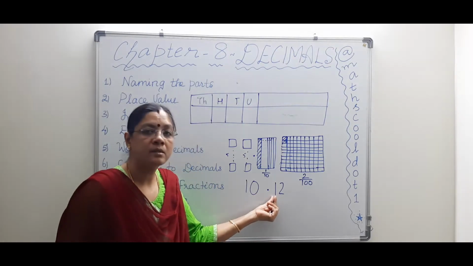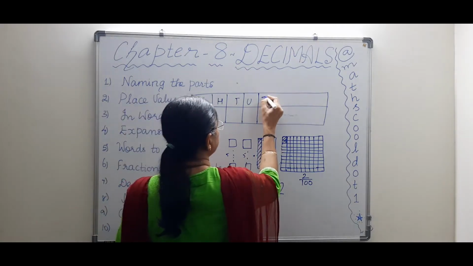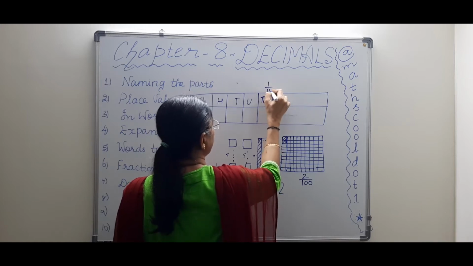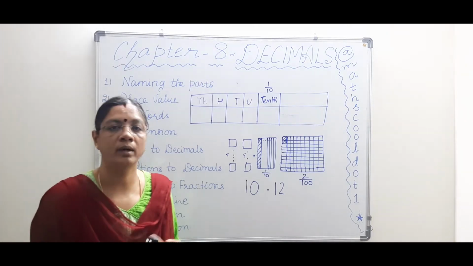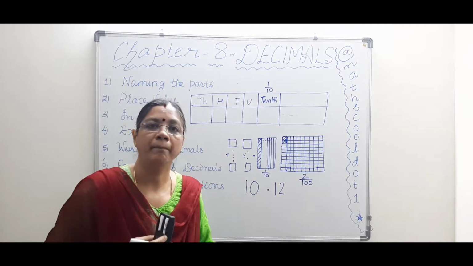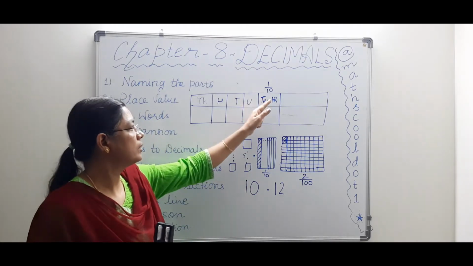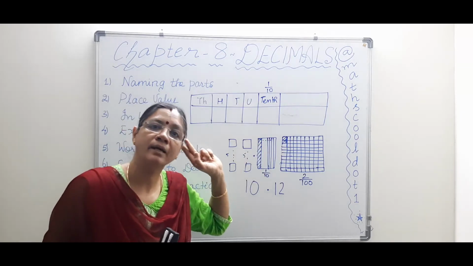So the place value of this number is called tenth, which means 1 by 10. It is represented as 1 by 10. How many parts are there in 10 parts? Okay, so it is represented as 1/10, or I just say it as tenth.